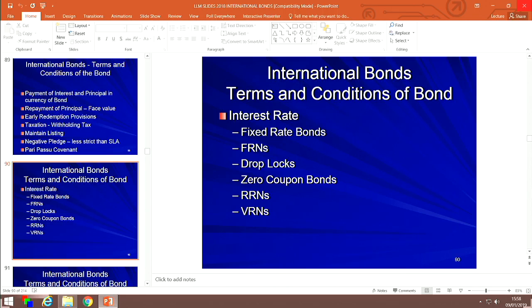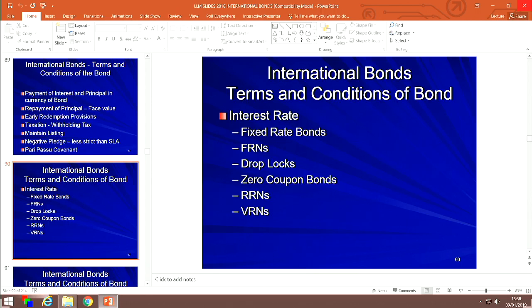The LIBOR rate of interest payable on the basis of 6-month LIBOR, if that's the payment rate that is actually specified. They're called FRNs because they're floating rate notes.